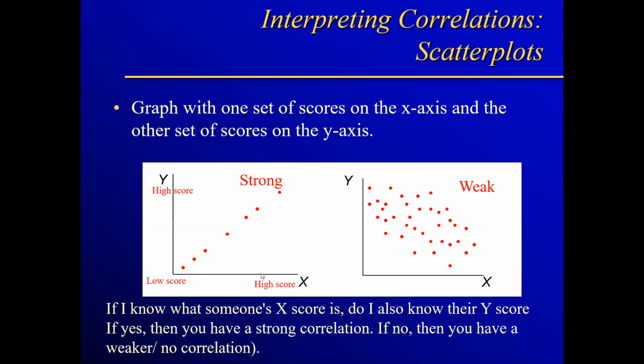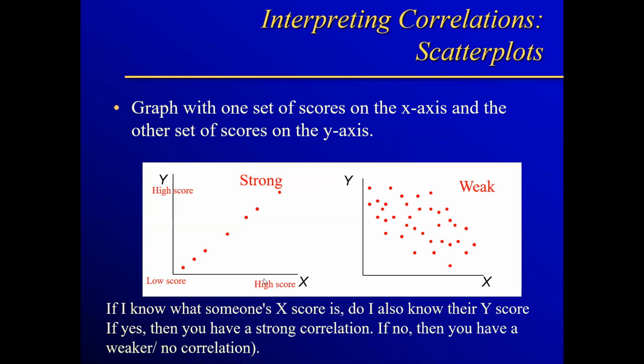You can gauge if there's going to be a positive or a negative correlation depending on the direction of the graph. I believe that YouTube video talked about that. But you can also gauge if it's a weak or a strong relationship. The text on the bottom gauges this idea of a correlation visually. If I know what someone's X score is, do I also know their Y score?